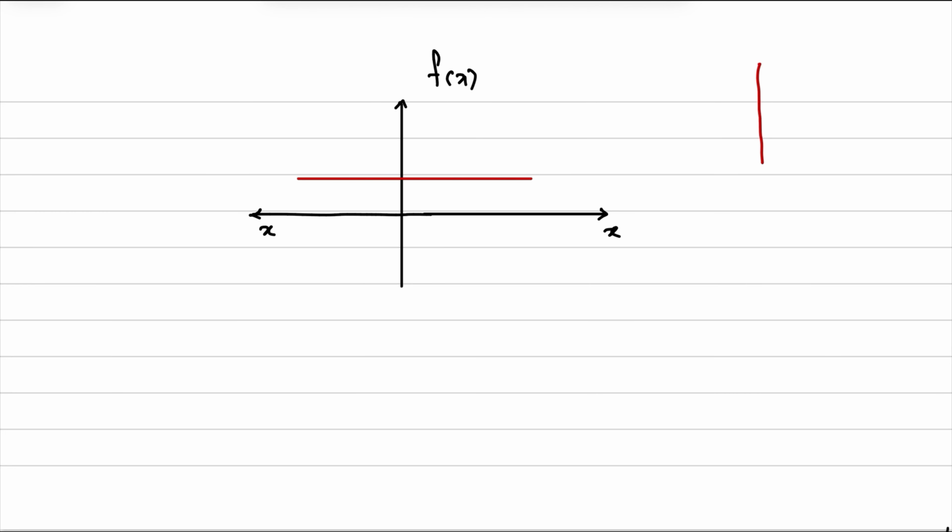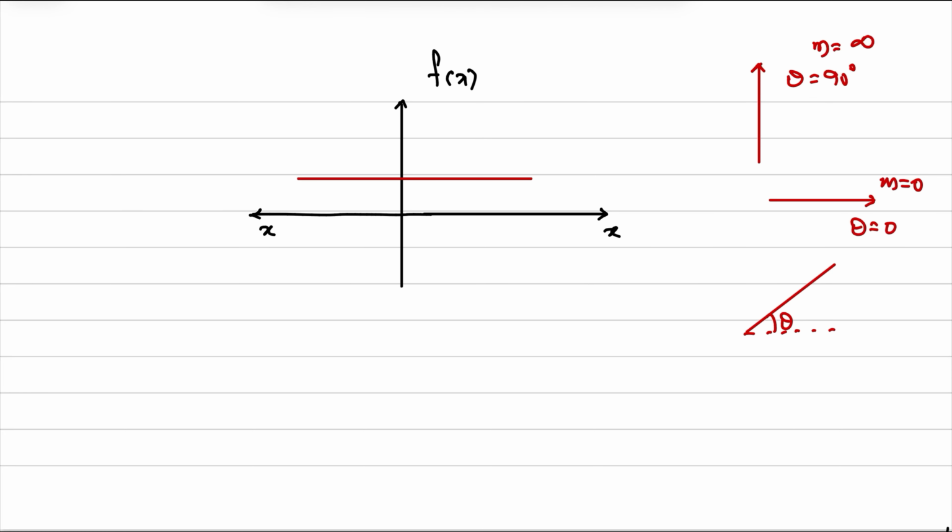This is the line when theta is equal to 90, orthogonal. This is the line when theta is equal to 0. This is the line when theta is equal to some theta. Here m is equal to 0, here slope is tan 90, that is infinity.